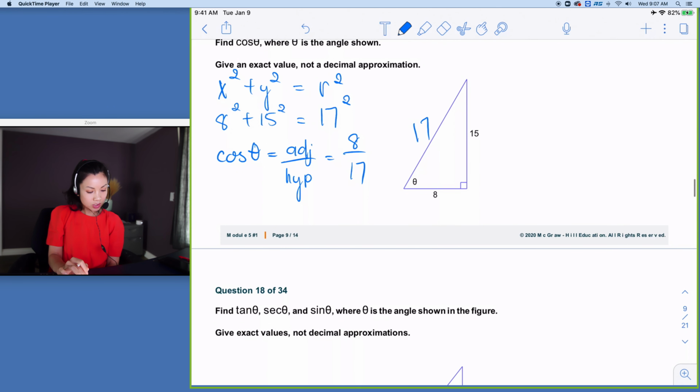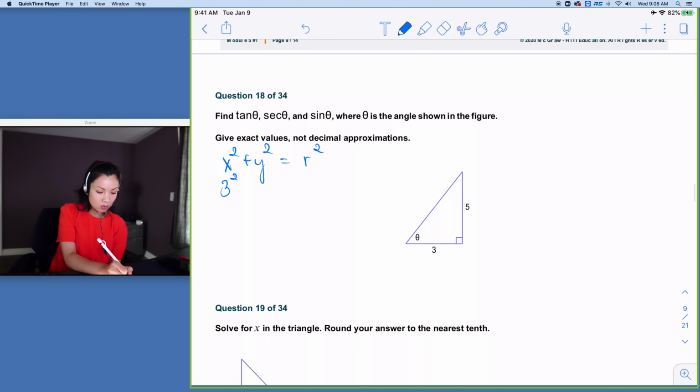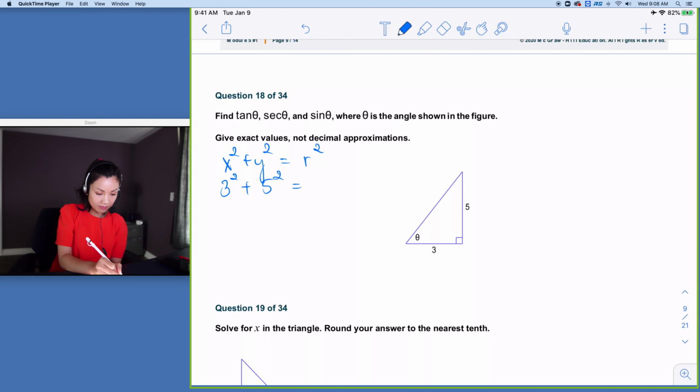All right, moving on to number 18. All of these problems are quite easy. You just have to figure out x, y, and r. So x squared plus y squared equals r squared. In this case, we have 3 squared plus 5 squared, which is 9 plus 25, which is 34. So r is going to be square root of 34. Okay, so I'm ready to write tangent.